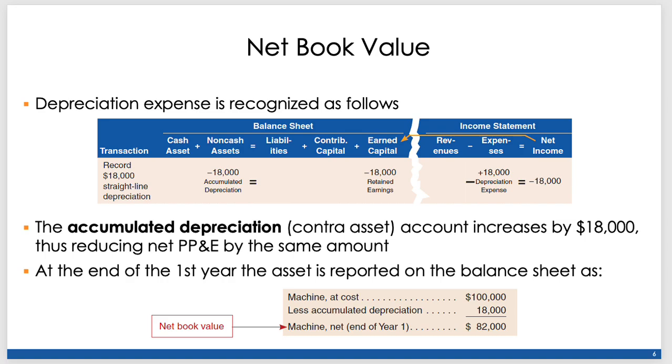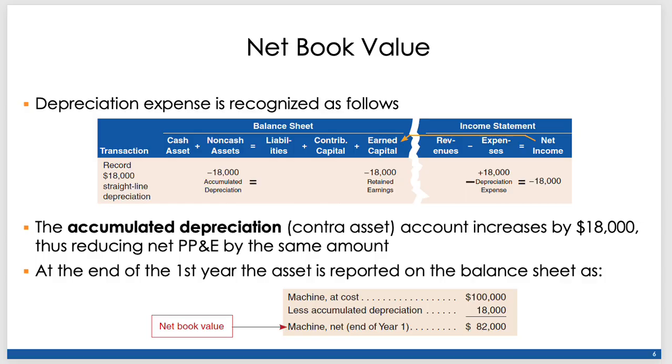Second year, you add another 18 for a total accumulated depreciation of what? $36,000, etc., etc. And so you see what the reporting of this ends up to be, right? The contra asset account of accumulated depreciation grows over the years, reducing net PP&E.